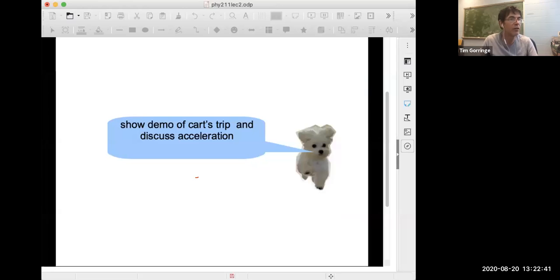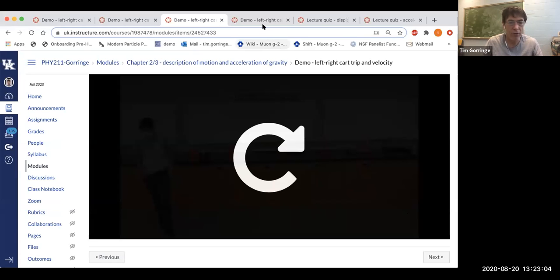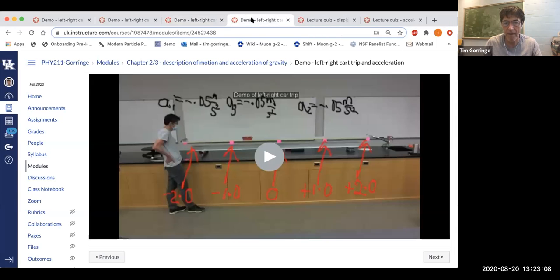Okay, I want to show the demonstration again to show you acceleration. So I'm hoping you can see a new screen. And here I am again. I'm going to try this demonstration one more time.